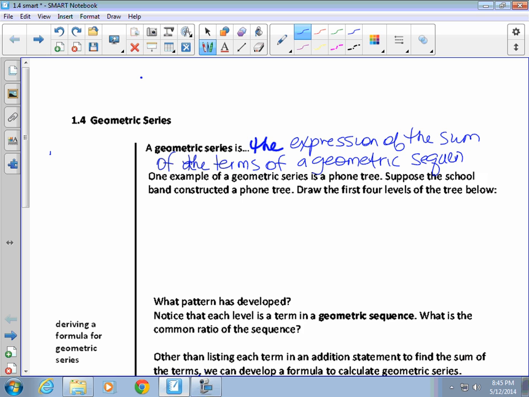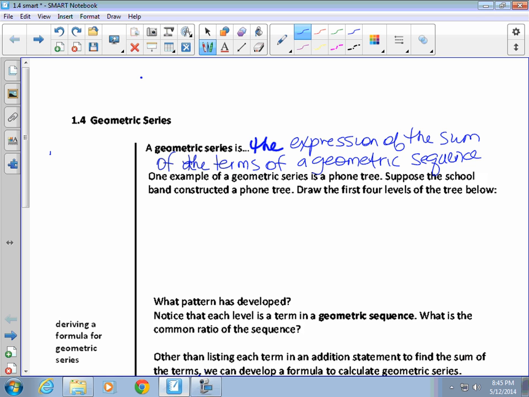So you're taking a geometric sequence which has that common ratio between the terms, and the commas in between the terms, and you are adding them together. That's the difference between the series and the sequence. A sequence has the commas, and the series has the plus signs in between.